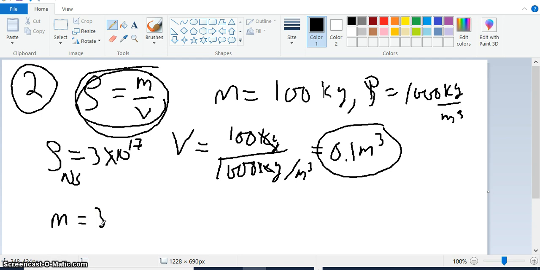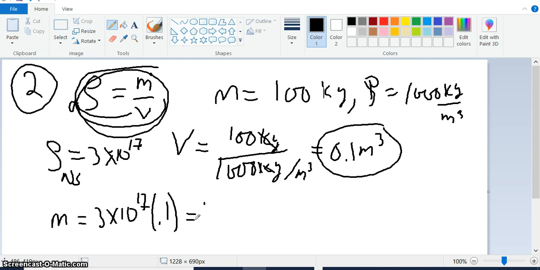The mass is equal to the volume times the density, bringing the volume over to the other side of the equation. I probably should have written that. Anyhow, 3 times 10 to the 17th times 0.1. In the units, the kilograms per cubic meter, the cubic meters cancel, because the volume is in cubic meters.